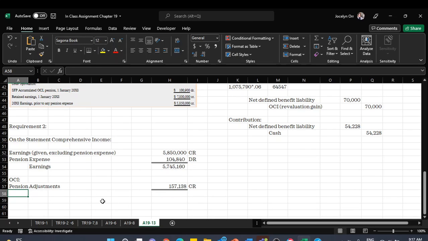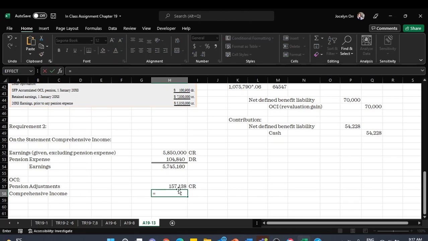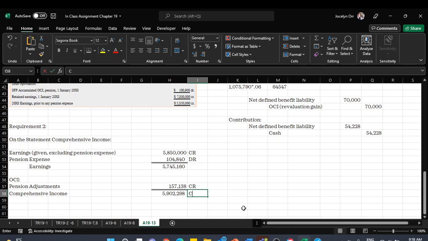When we add those two amounts together, we're going to see our comprehensive income of $5,902,298, obviously being a credit. Okay.